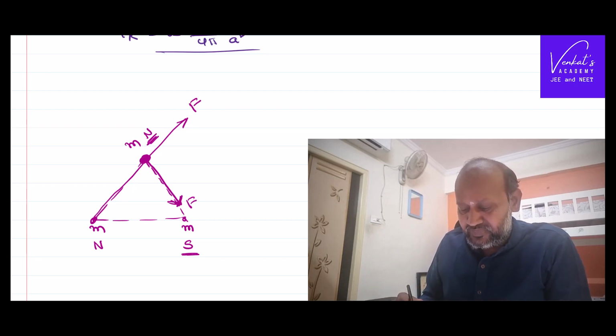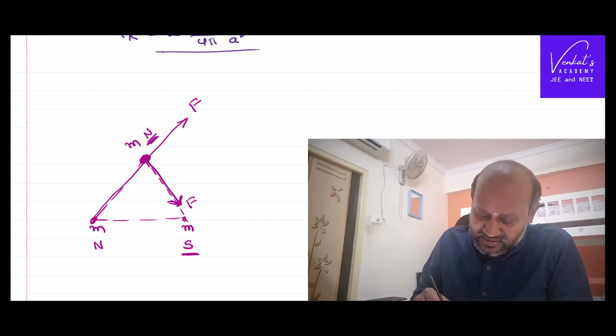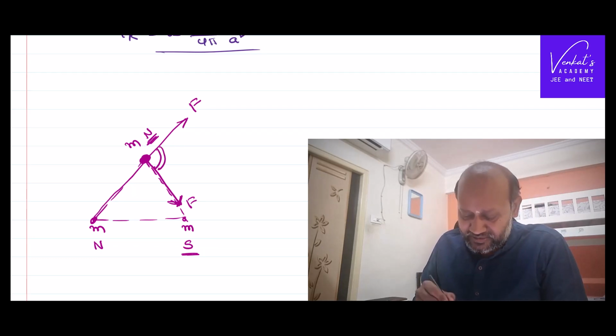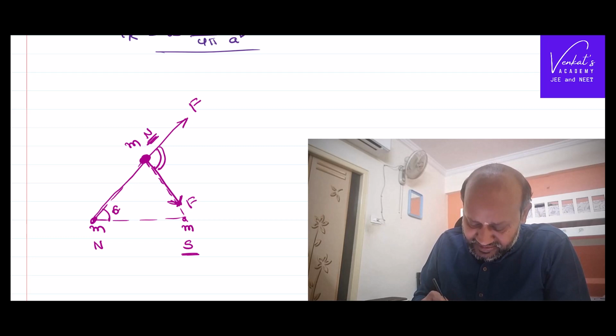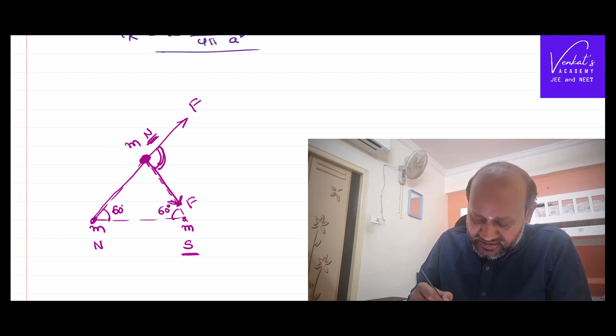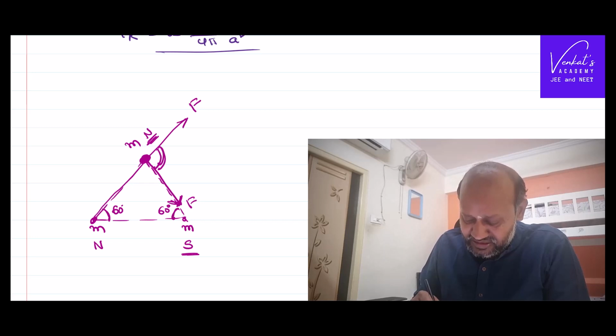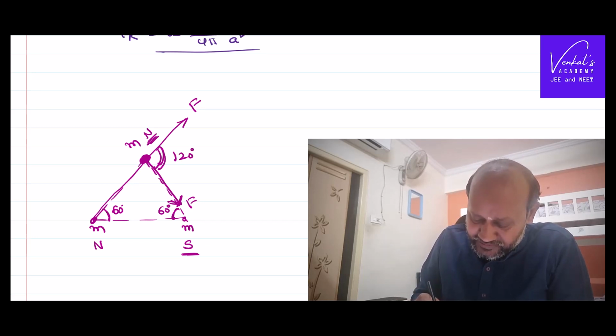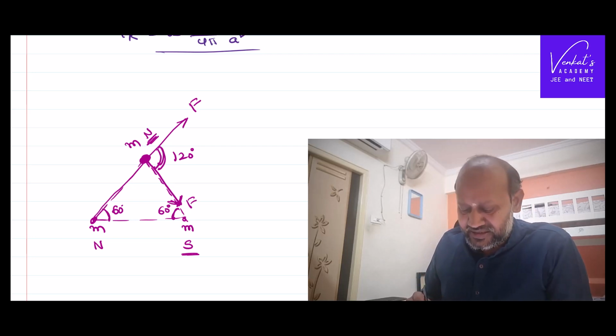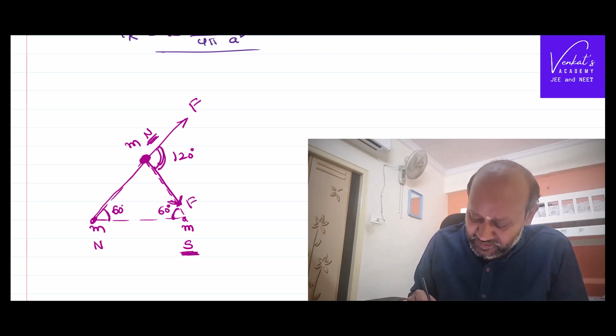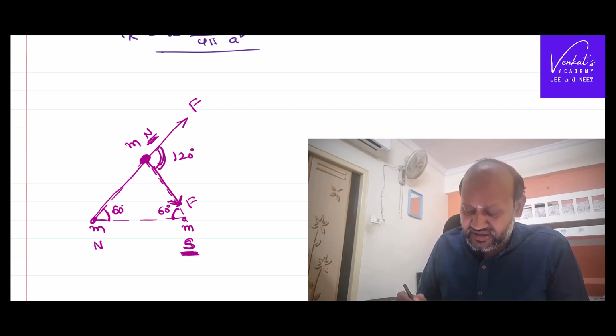So the same two forces as in the previous case, but the angle between them is different. How much is that angle? This is an angle of 60 degrees. This is an angle of 60 degrees. The exterior angle is the sum of the two interior angles, so that value will be 120. So the problem is the same, but the answer is different because this pole has changed its nature to a south pole.